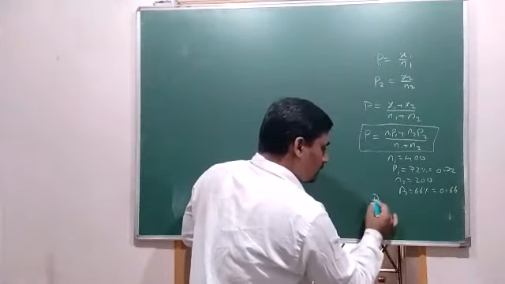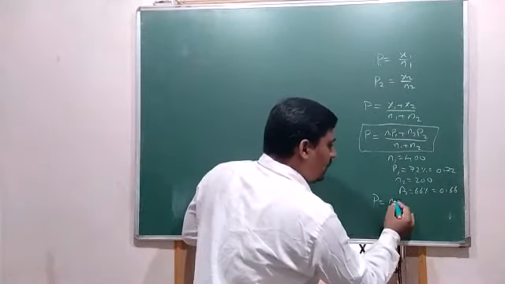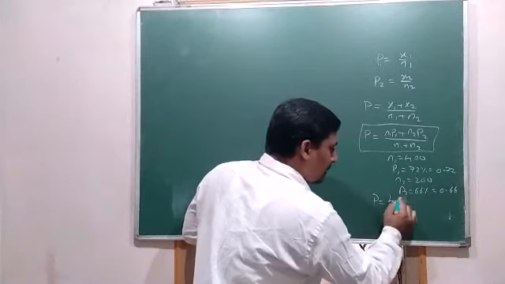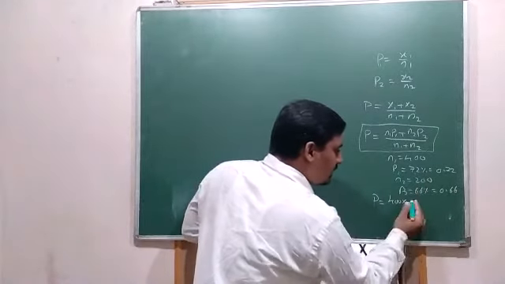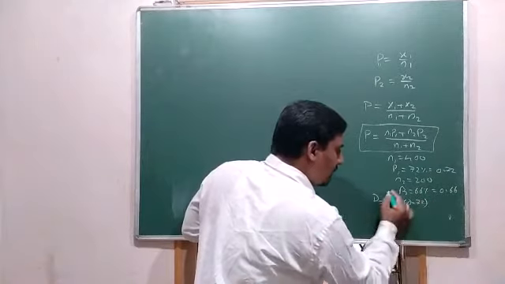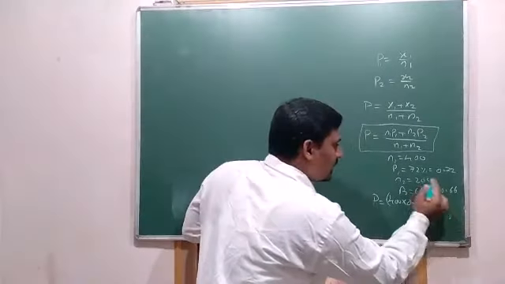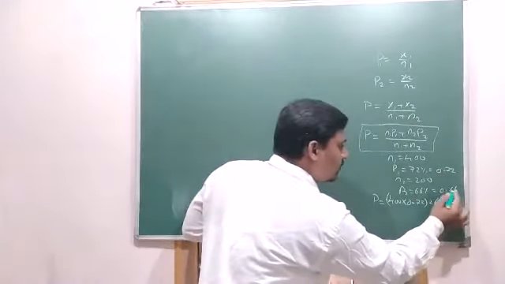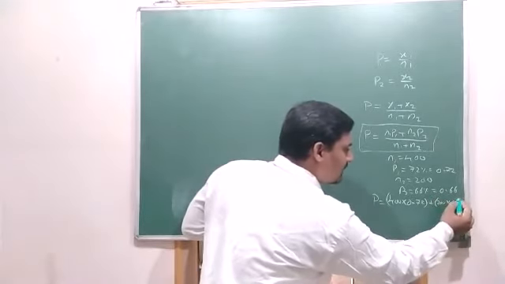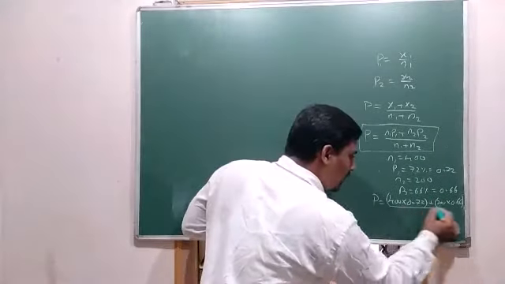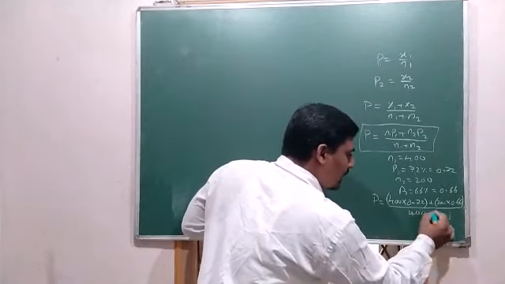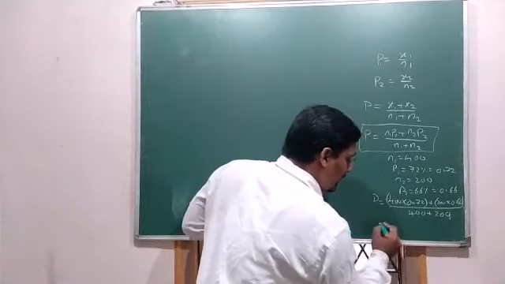P is equal to N1, that is 400 into P1, 0.72, plus N2, 200 into P2, 0.66, whole divided by 400 plus 200.